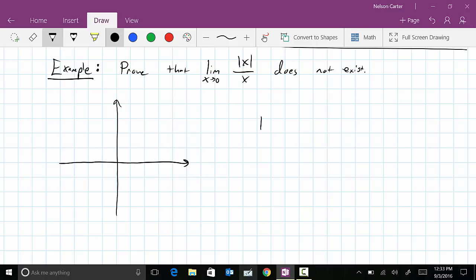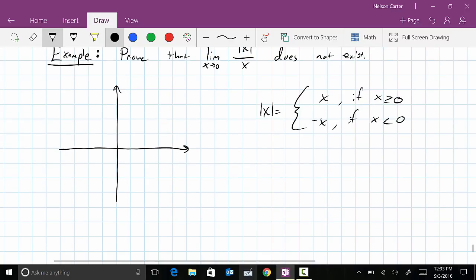You could just imagine, remember that the absolute value of x is equal to x if x is greater than or equal to 0, and it's equal to negative x if x is less than 0. Just less than. Okay.